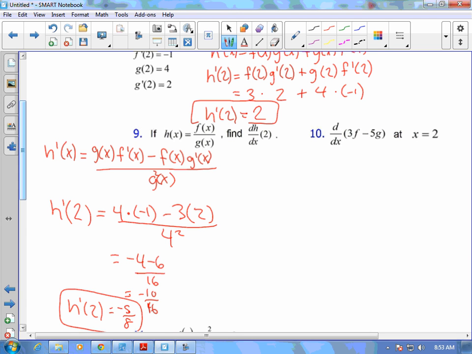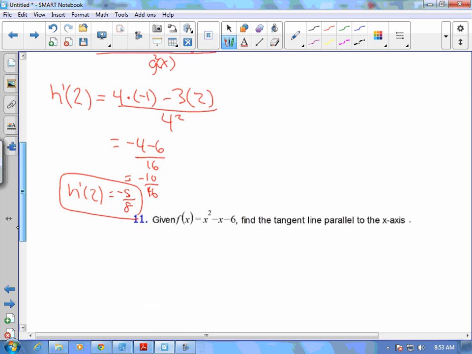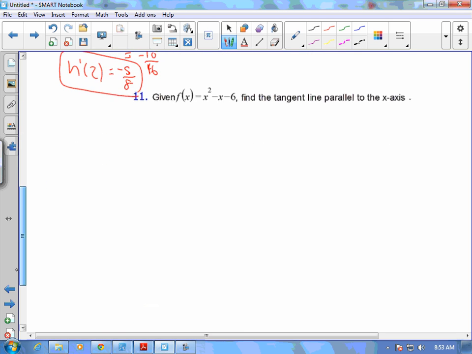Okay, I think we'll jump down to number 11 really quick. Just make sure you know how to do that. This is actually like one on the quiz. Given this function, find the tangent line.